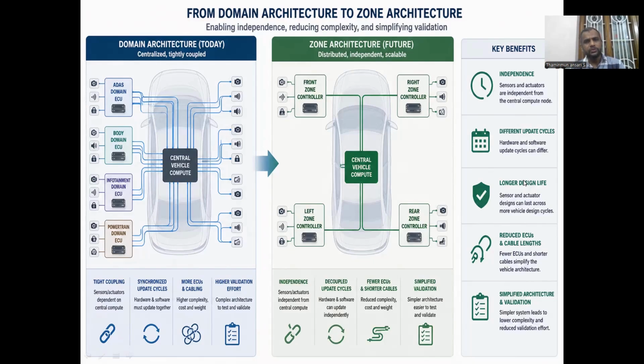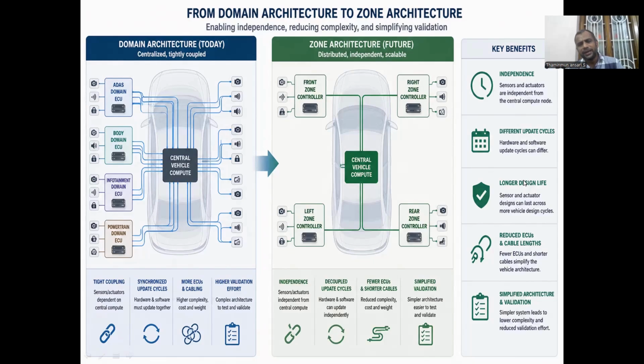They are independent, and their immediate contact is the zone controller. From the zone controller, we get the information to the central vehicle compute unit via a high speed link, probably automotive Ethernet with different speeds, CAN XL, and so on. We have many options. So that is the main difference between these two.